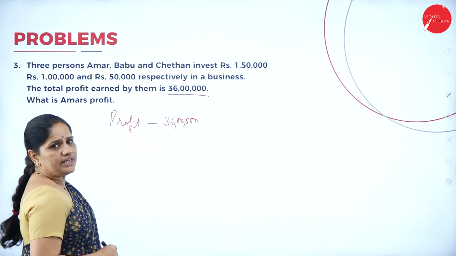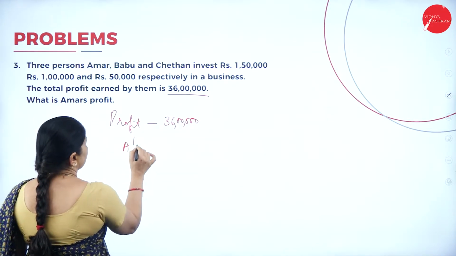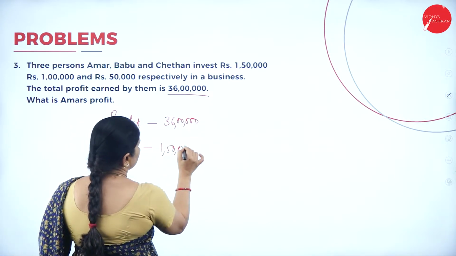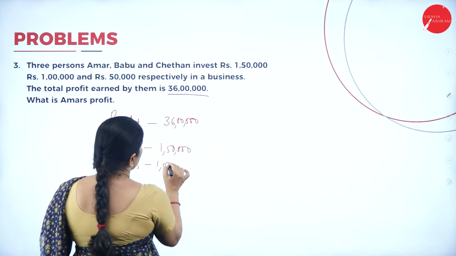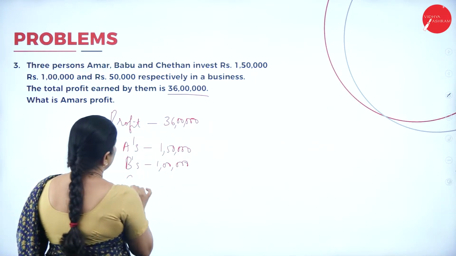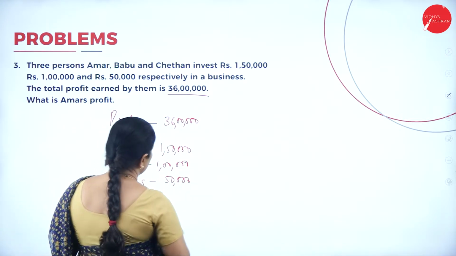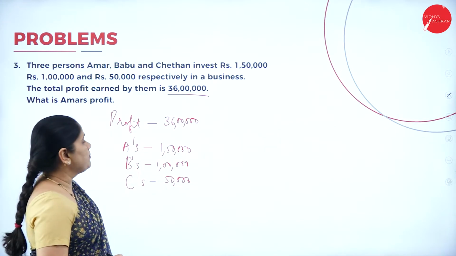Now, we have the various investments. So, A's investment, what has he invested? Rupees 1,50,000. Then, B's investment is 1 lakh. Then, C's investment is 50,000. Now, we have to see what is A's profit.